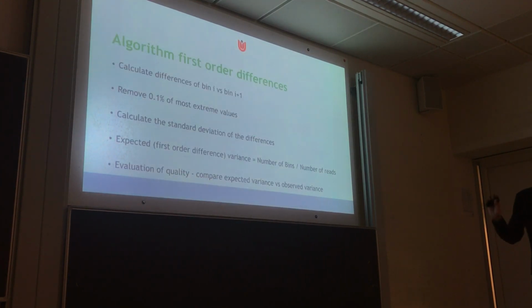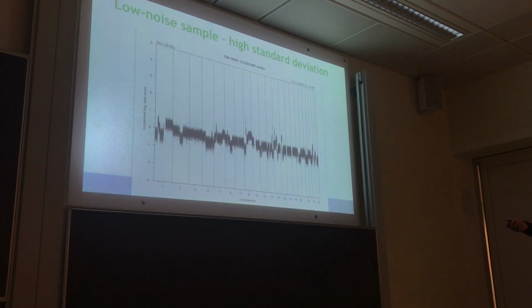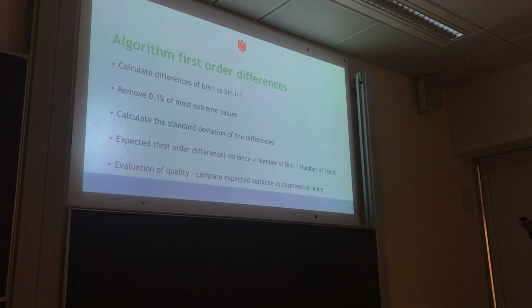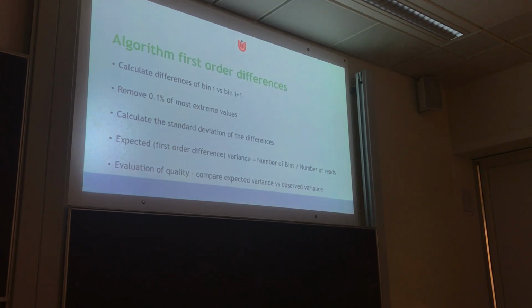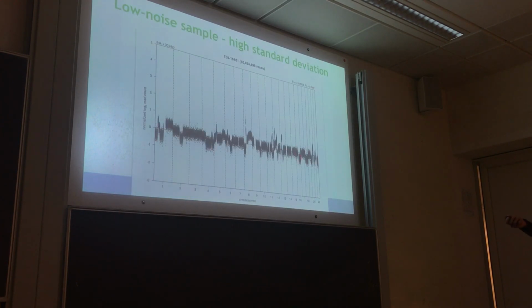First we need a measure of how big the noise is, and normally you take something like the standard deviation of the bins. But as you can see from, for example, this high quality profile, sometimes you just have changes in the profile that are due to biological origin, so that doesn't work. So the algorithm that's used looks at the differences between 2 consecutive bins, for example between this bin and this bin, between 2 dots, and calculates the average of those, and then removes 0.1% of the most extreme values, because those are likely the real copy number changes.